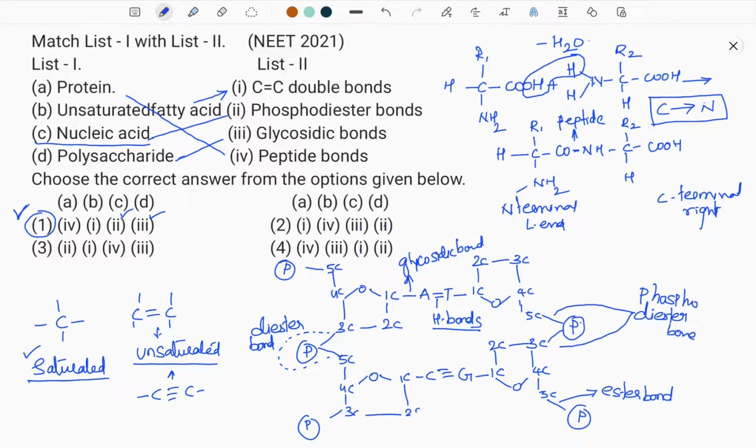I always say to children that just reading the pages and looking at the diagrams will not fetch you anything. You have to take a pencil, take a white paper and try to draw the diagram. Label it neatly. Biology and especially organic chemistry can be learnt only by practicing diagrams.